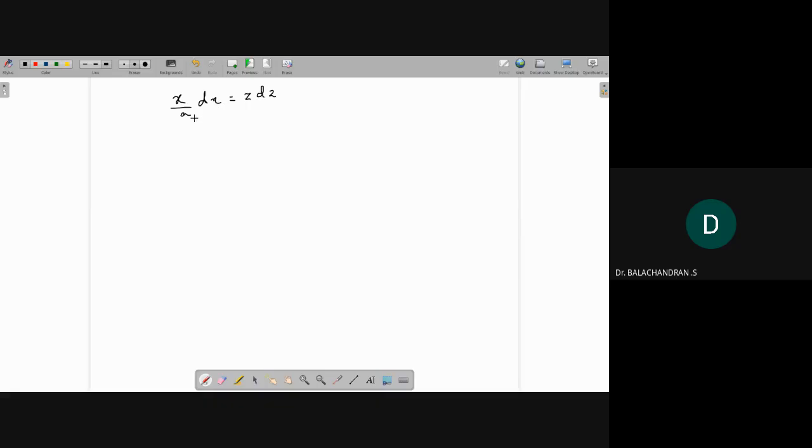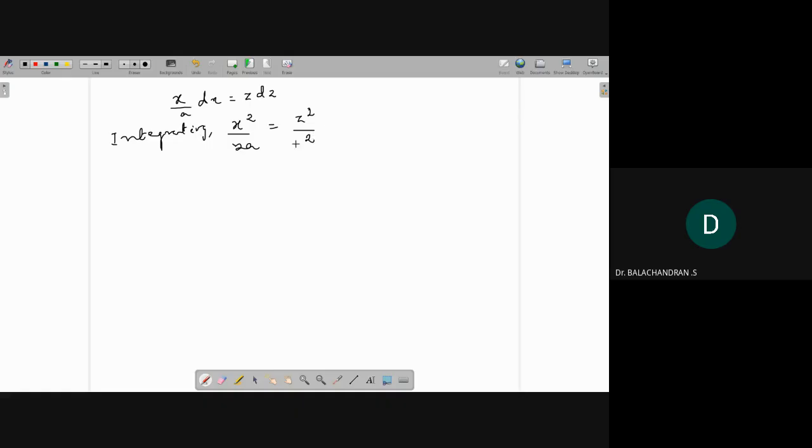a is the arbitrary constant. So if you integrate, you will get x square by 2a equal to z square by 2 plus some constant.